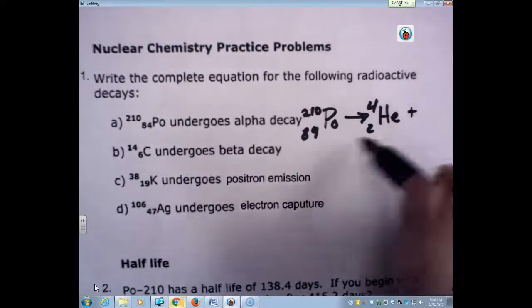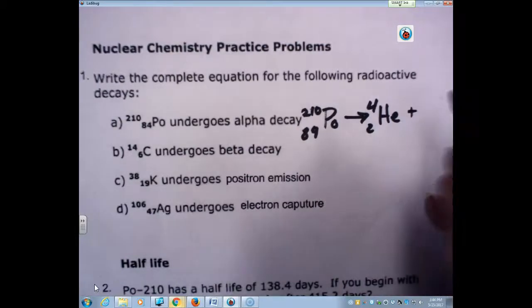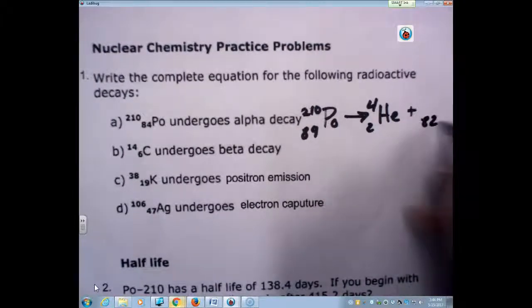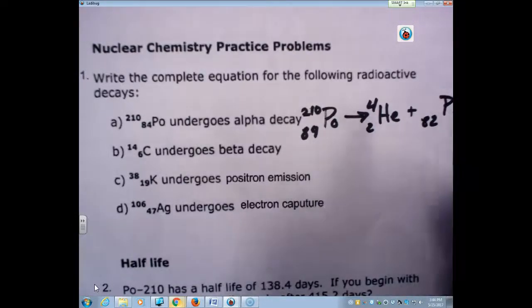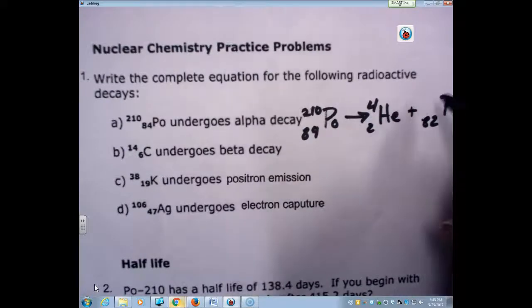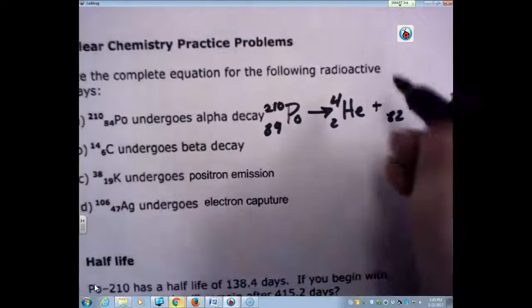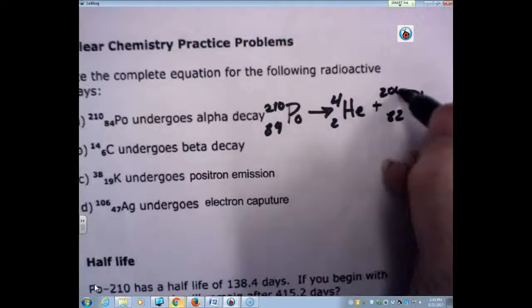So what plus 2 gives you 84, and that is going to be 82. And 82 on the periodic table is Pb, which is lead, and then we deal with the top number to figure out which isotope of lead it is. So what plus 4 gives you 210, and that would be 206.